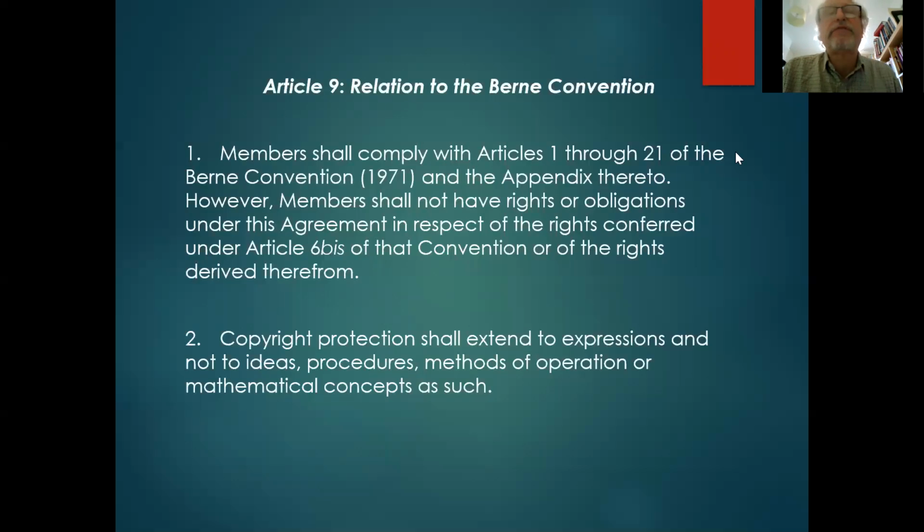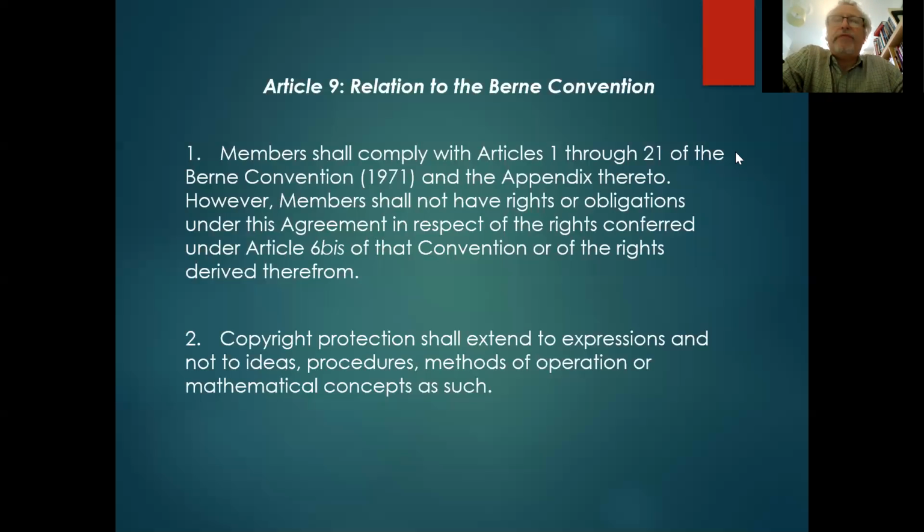Because the United States, it's well known, wanted to see the Berne Convention incorporated into TRIPS, but the United States at the time did not provide moral rights for authors and artists.